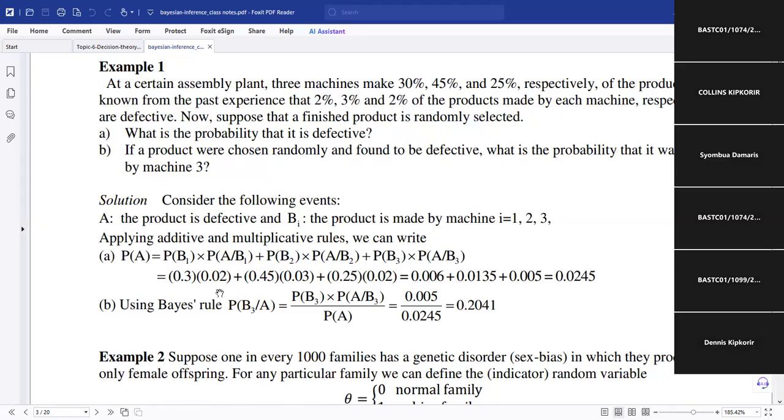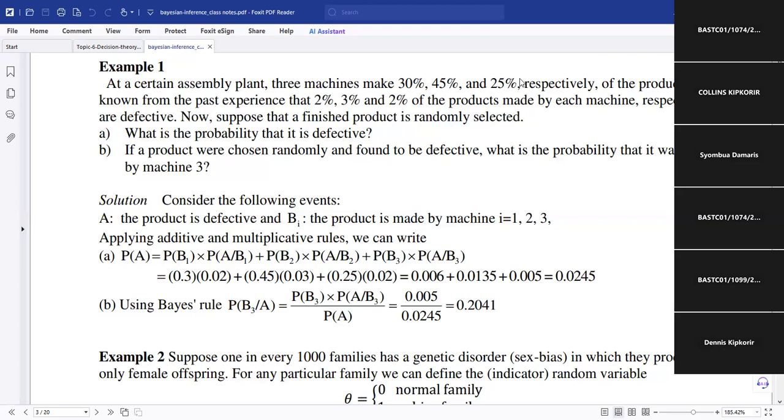So the probability of B1 is 0.3, multiplied by 0.02, the probability that it is defective given that it is machine 1. Plus 0.45, the probability that it is machine 2, multiplied by 0.03, the probability that it is defective given machine 2.